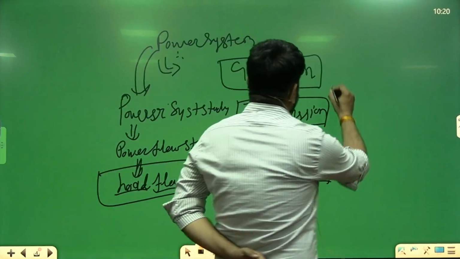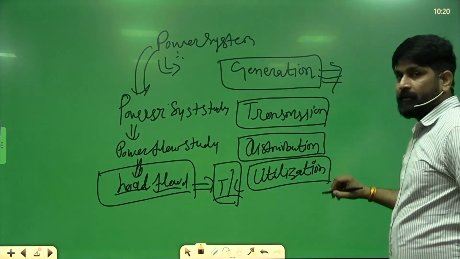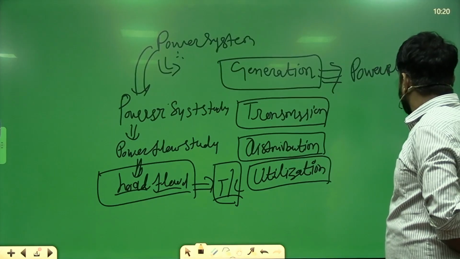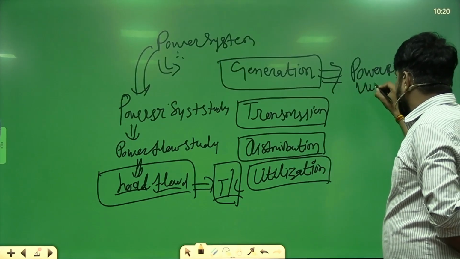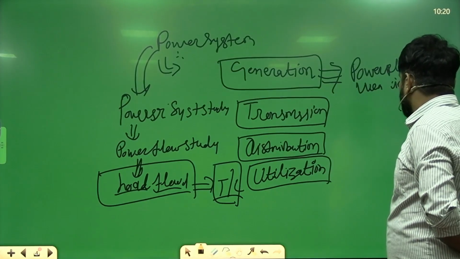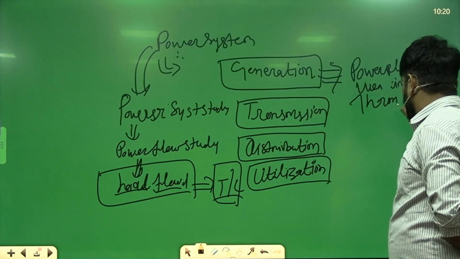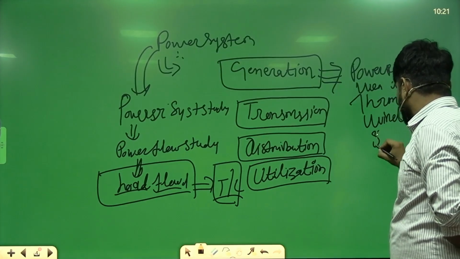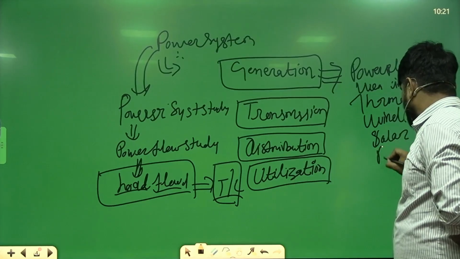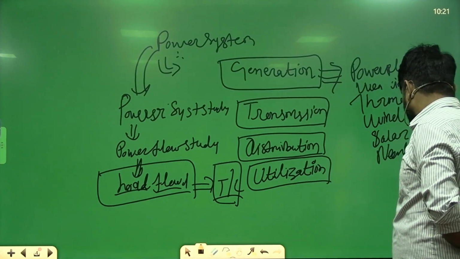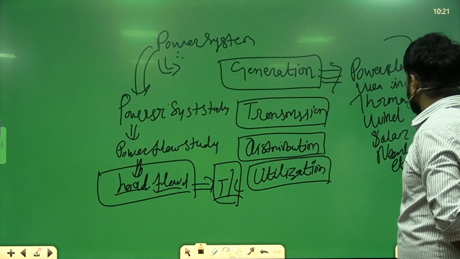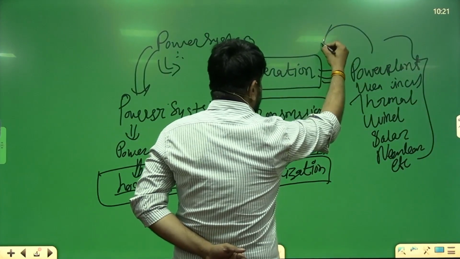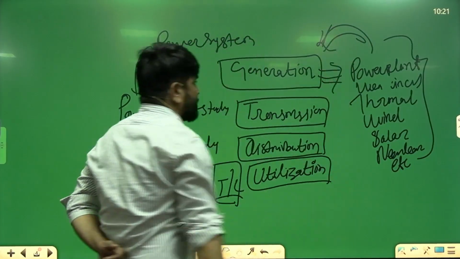In power system, in generation, we use most of the power plants. In that we can include thermal, wind, solar, nuclear, etc. All these power plants are for the generation of electricity. Got it?